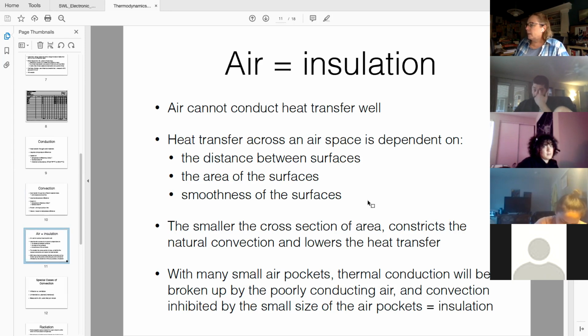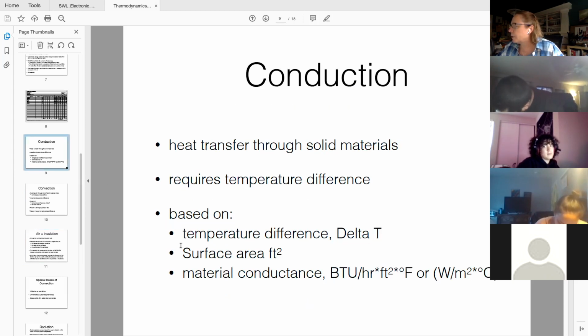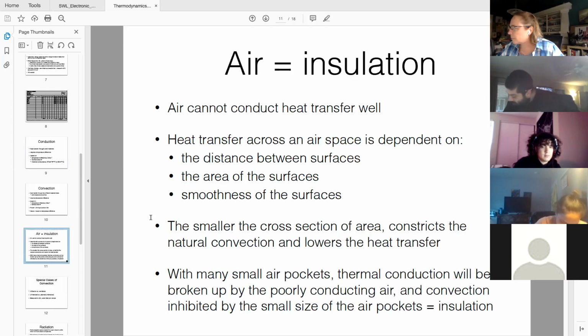And so we were talking about how conduction is based on temperature difference, surface area, and the material.